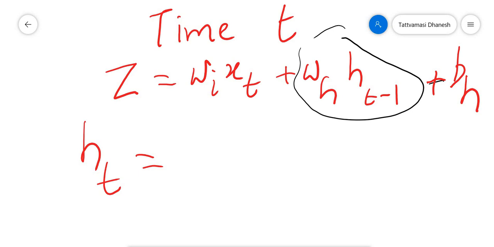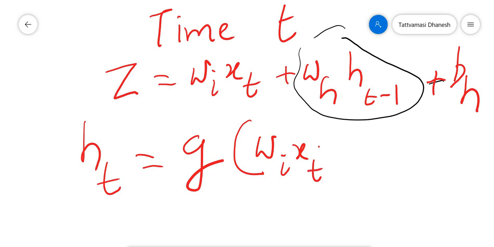We need to squash it with the activation function. Let g be the activation function, then h(t) equals g(Wi x(t) + Wh h(t-1) + bh).